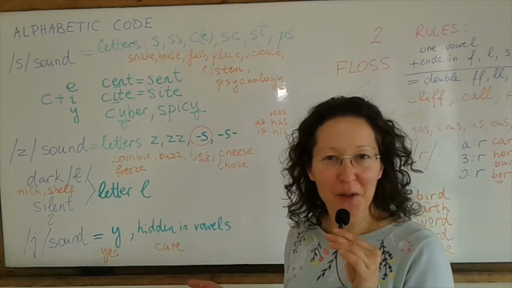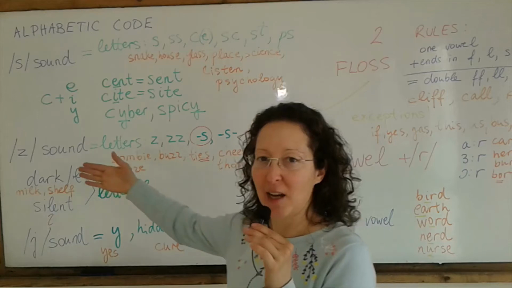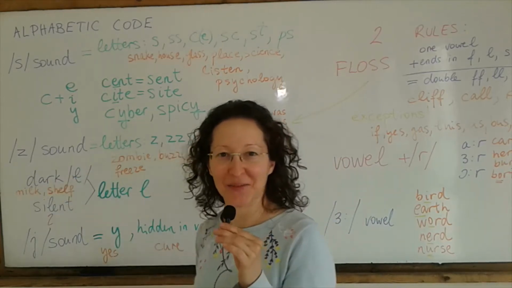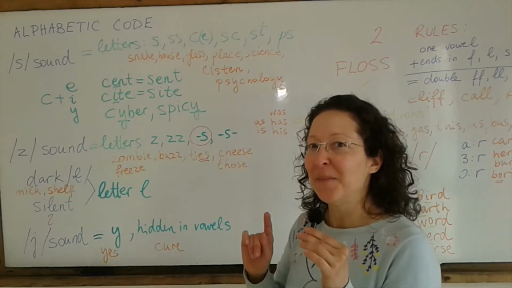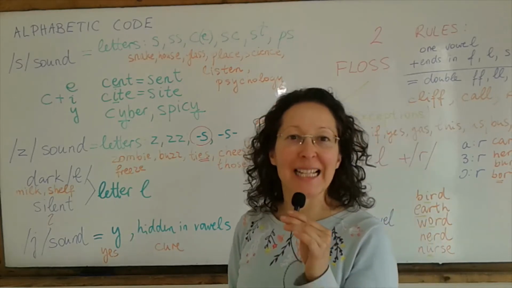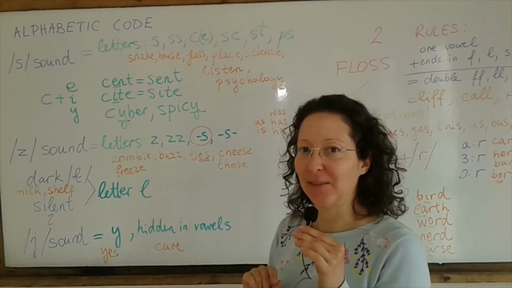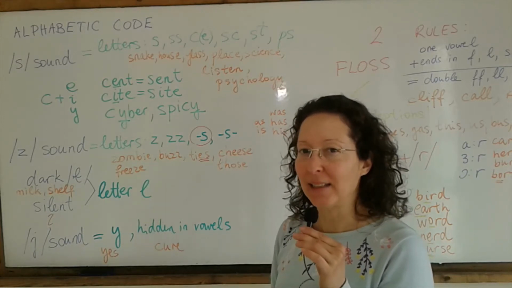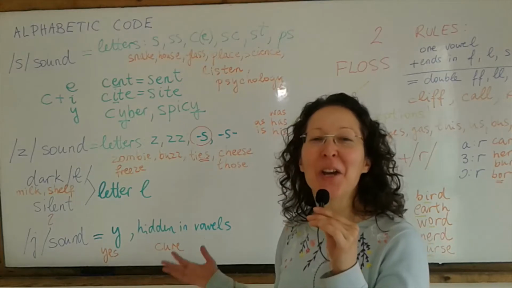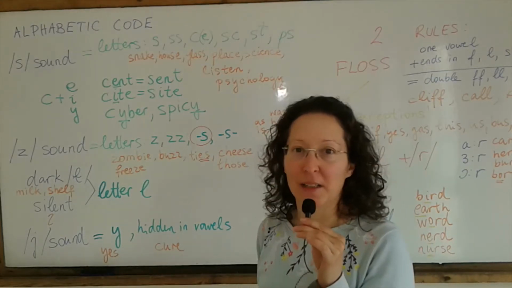So you also know that the letter S can be pronounced as the sound Z. But it can also be pronounced as "iz", the ending ES. When is that?